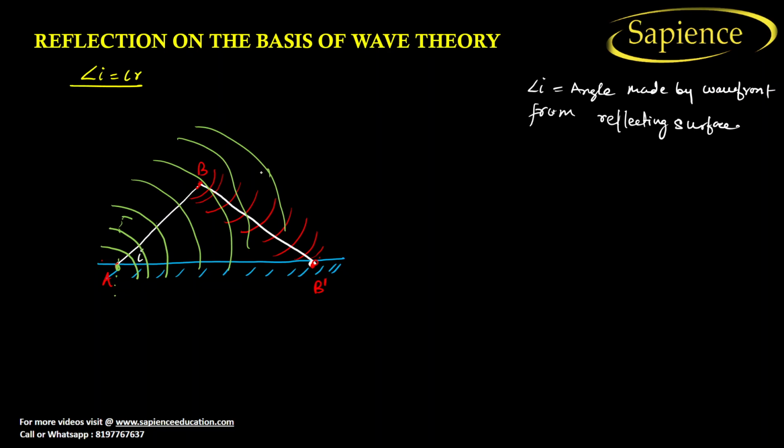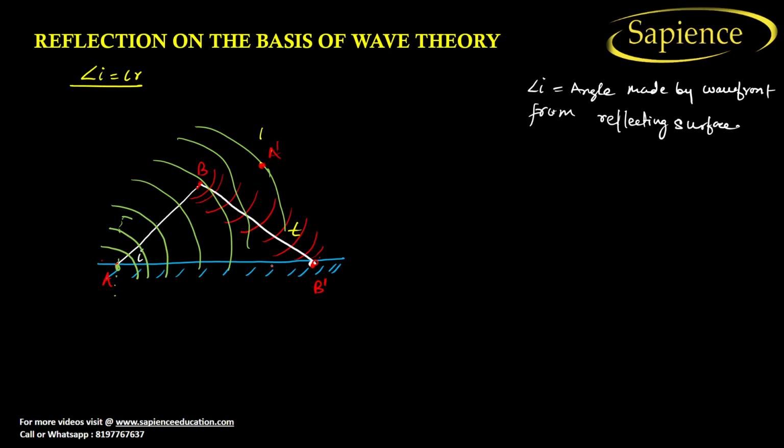Now what will happen at the same time? For example, let the time taken to reach from B to B dash be t. So the time taken to reach from A to A dash will also be t. So let us consider here A dash. This is the point A dash.